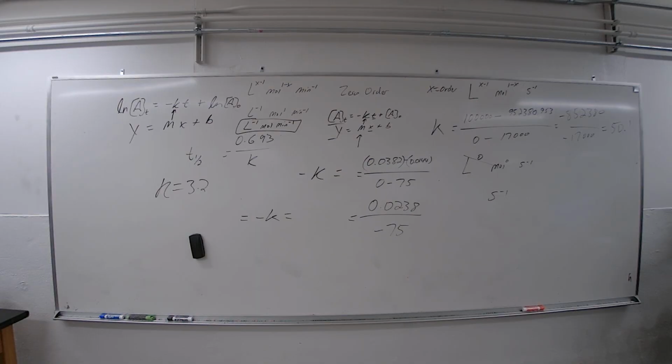One more time. Here it's 0.0382 minus 0.0144, that divided by 75. So it should be 3.2. There's no mistake. It doesn't help practicing these when I make mistakes in them.